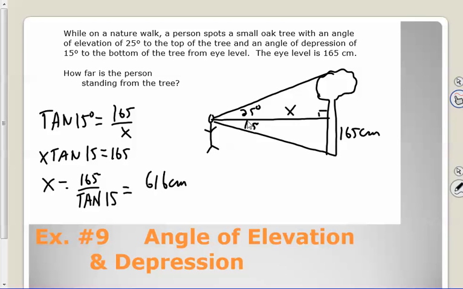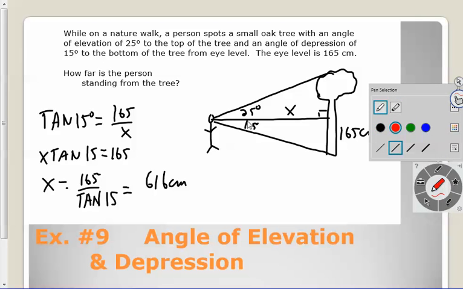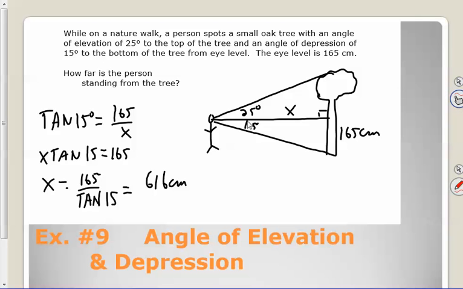Now, how tall is the tree? How can I figure out how tall the tree is? Well, that one, I'm going to use the other guy, the 25-degree guy. Tangent of 25 degrees is equal to y over x.